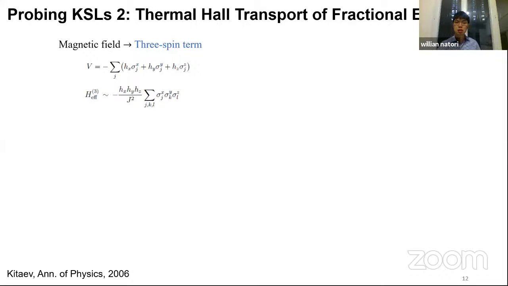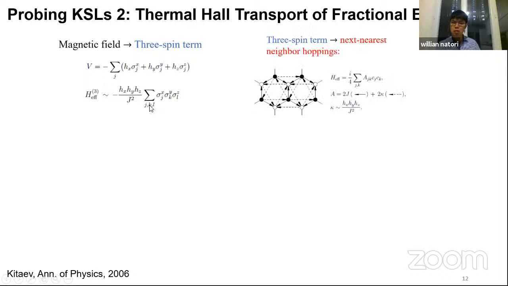The idea is that if you act with this magnetic field perturbatively on the ground state sector of the Kitaev model, you will find that effectively the magnetic field will induce a three-spin interaction.